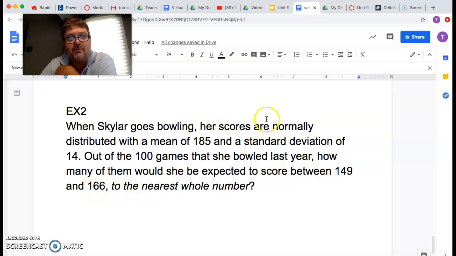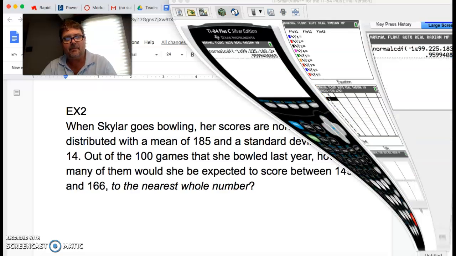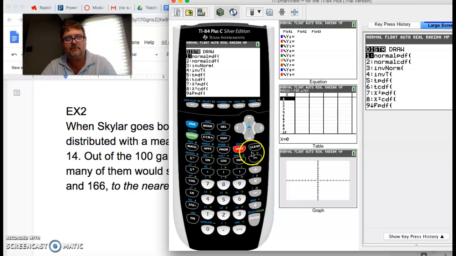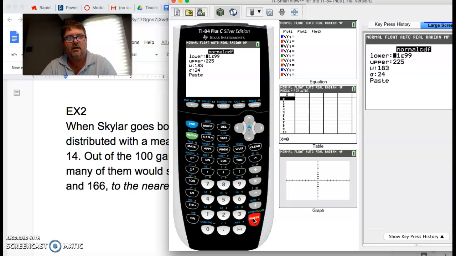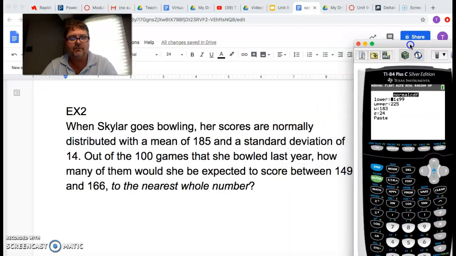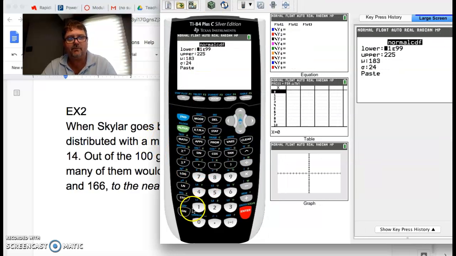And this is normally distributed, which it says that it is. So in the old days, we'd have converted this to z-scores and used the chart, but there's no need for that anymore. So we'll go directly to work here and see what we come up with. Second distribution, get my CDF function here. Here we go. My lower bound is 149, right? 149.